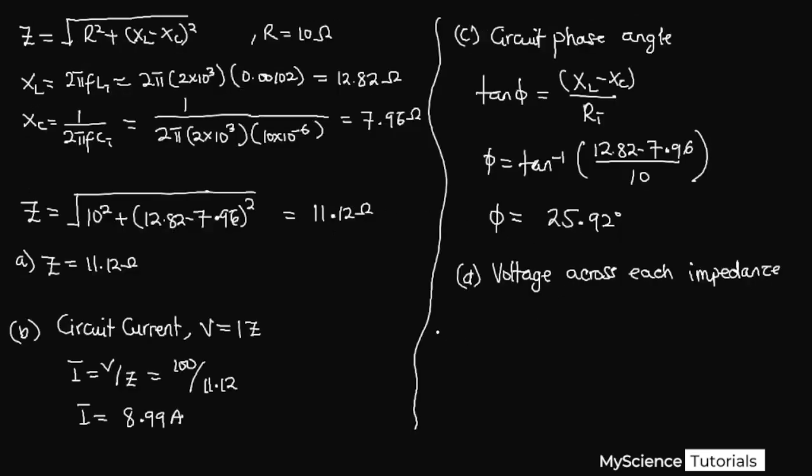So this means that the voltage of impedance 1, let me use V1, is going to be I Z1, where Z1 is the impedance, or the total opposition to the flow of current, in impedance 1. So this will be equal to our current multiplied by impedance 1.